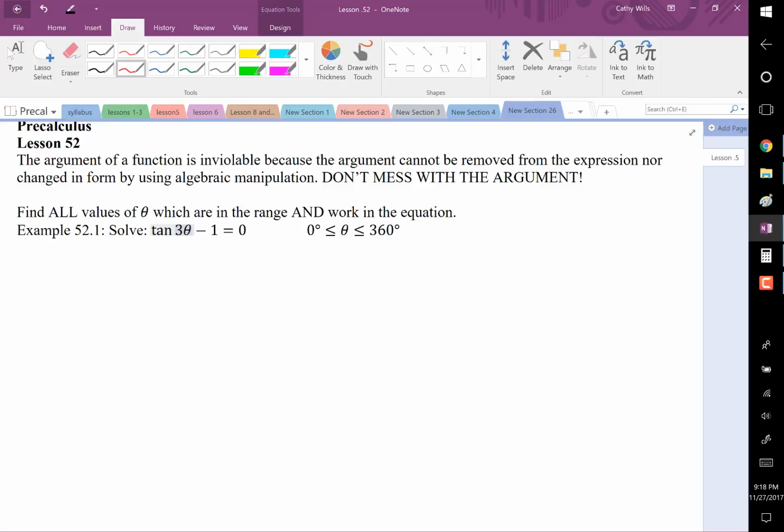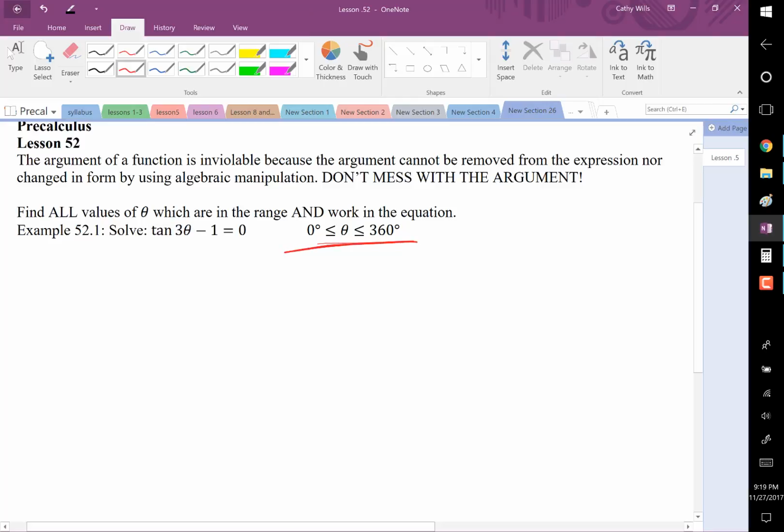We can't get theta by itself until we get tangent 3 theta by itself, and then we get 3 theta, figure out what that is, and then we'll be able to figure out what theta is, and we'll find out that there are more choices now in the domain which will work in this equation.